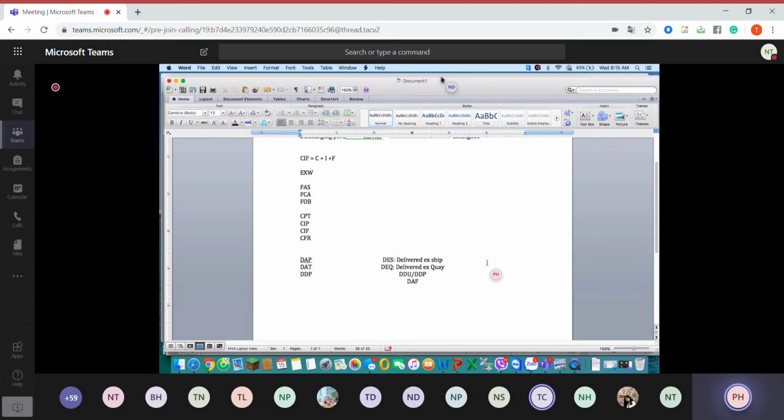So that's why in the newest version, Incoterms 2020, the ICC has changed the name of the DAP. Now instead of using DAP, we have DPU. Do you know what the meaning of the DPU is?